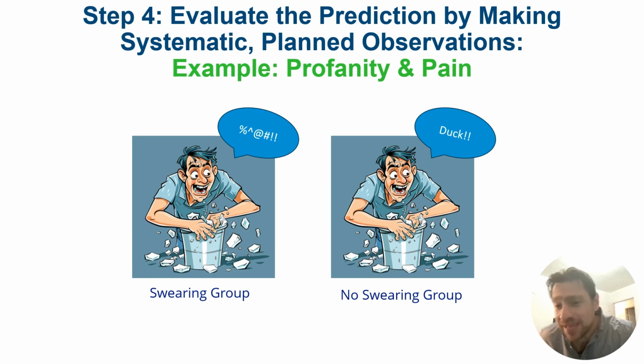So for the profanity, you have to figure out what words are they going to say, how often will they say the words, how loudly will they say the words, and what about your control condition, the people that don't use profanity? Are they going to be silent? Are they going to say different words that are not considered profane? These are all decisions that you will have to make.